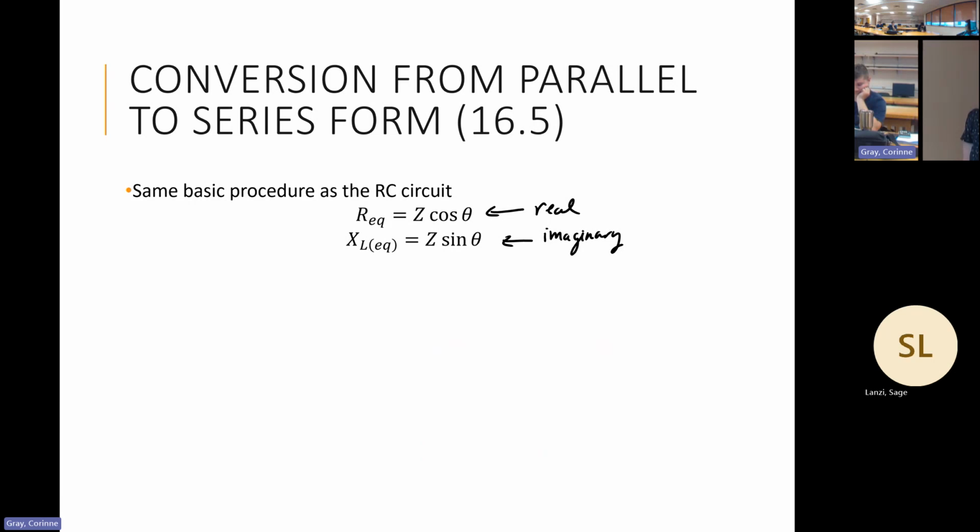It's just XL versus XC. The same thing is true when they are in series as well. Our equations for Z looked exactly the same, other than we had XL or XC. So, same general procedure as before.